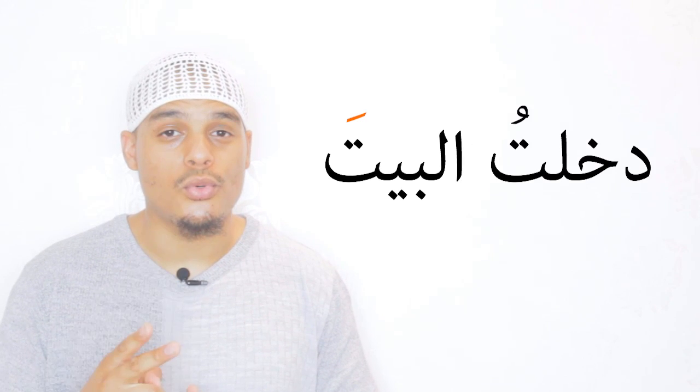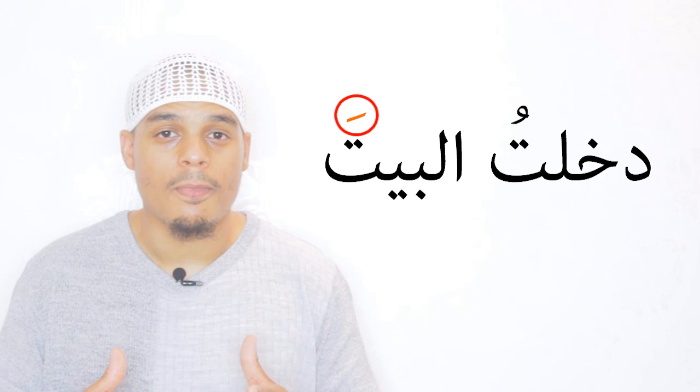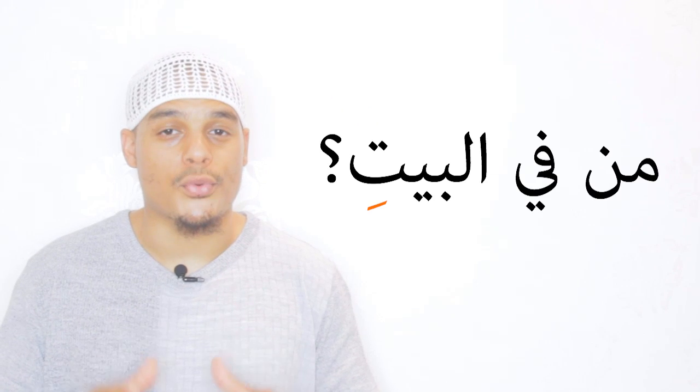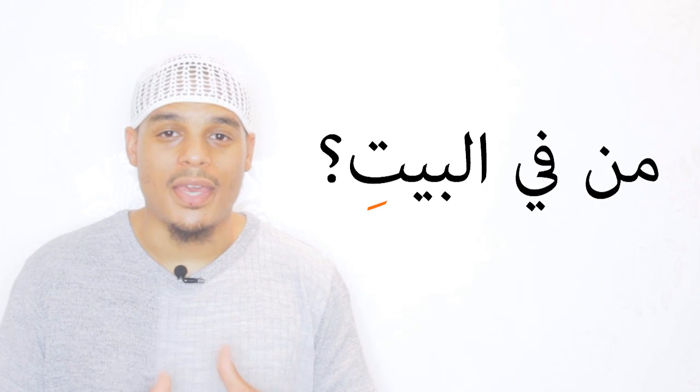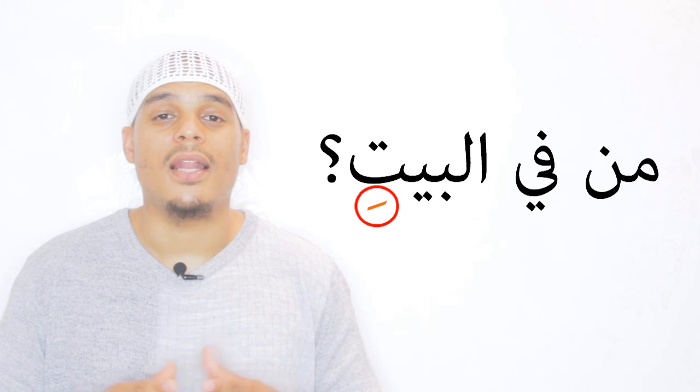In example number 2, the word bait ended in a fatha, al-bayta. And in example number 3, the word al-bayt ended in a kasra, al-bayti. So, whilst the endings of the words are subject to change, the core of the word al-bayt or bait remains the same. So it's imperative that we learn new vocabulary and become familiar with the words.